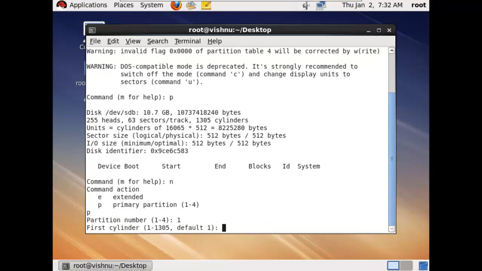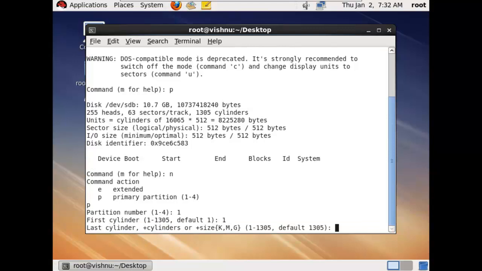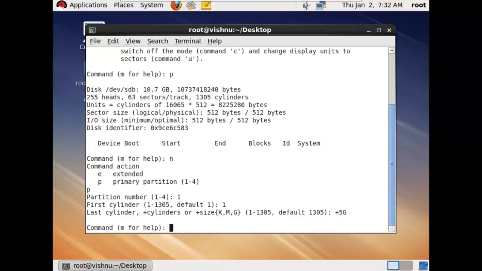Then here you will write 1, and then here you will give the size of this first volume. I want the size of this first volume to be 5 GB. So for GB, you write here capital G, and then press enter. So we have created the first volume of storage 5 GB.